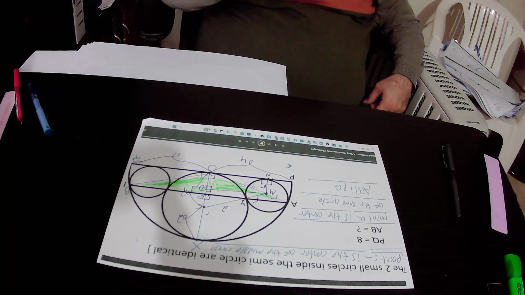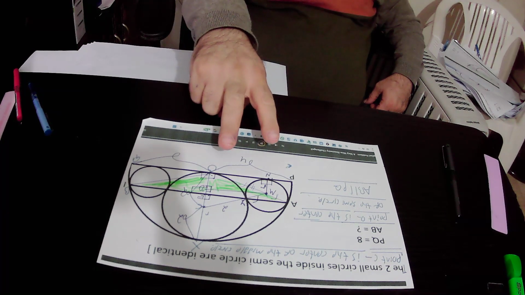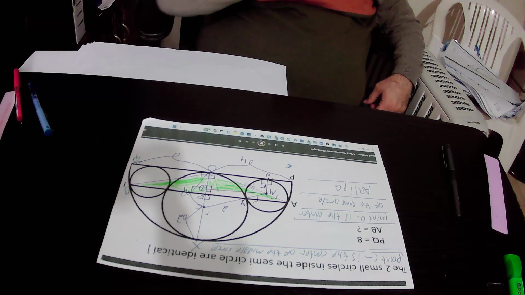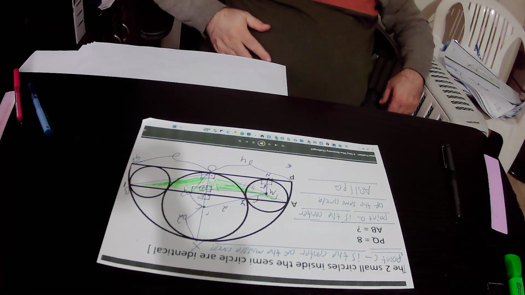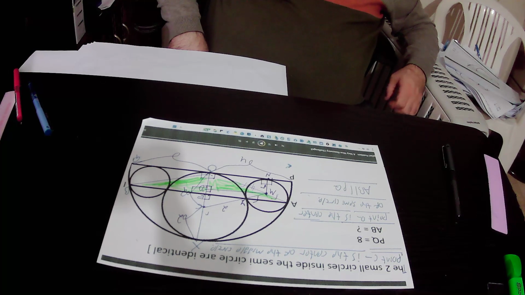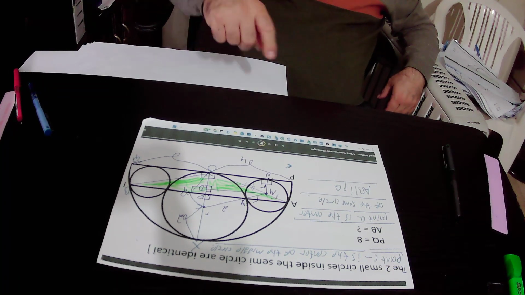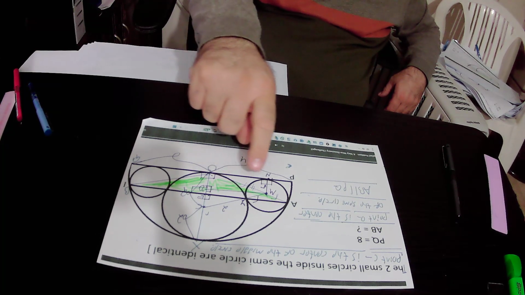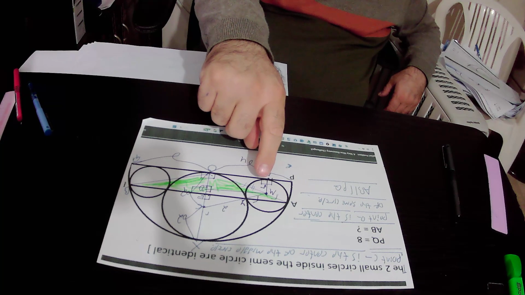MC is the distance between the centers of the small circle and the middle circle, and the distance between the centers of 2 circles that have external tangency between them is equal to the sum of the lengths of the radii, that is to say, it equals r plus 2, because 2 is the radius of the middle circle and r is the radius of the small circle.